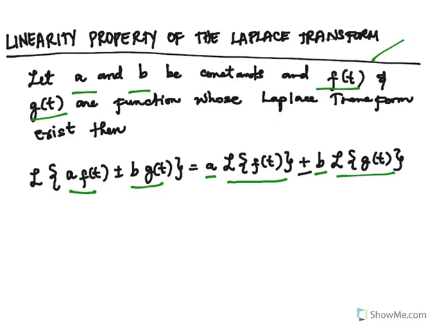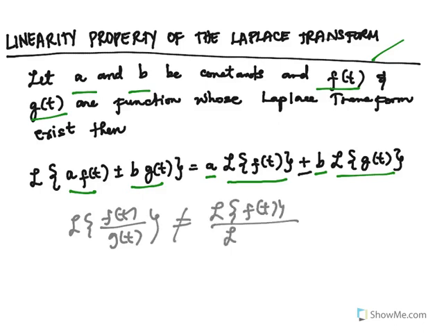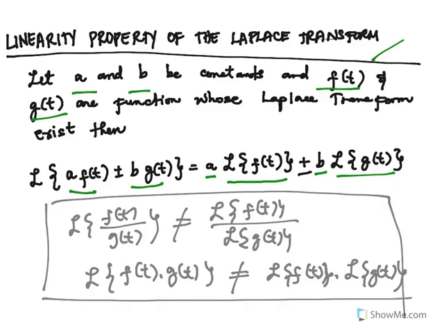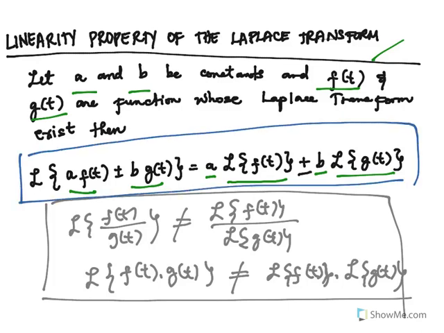So, for example, the Laplace transform of f of t over g of t is not equal to Laplace of f of t over Laplace of g of t, or the Laplace of f of t times g of t is not equal to Laplace of f of t times Laplace of g of t. So this does not satisfy the linearity property. So only addition and subtraction.